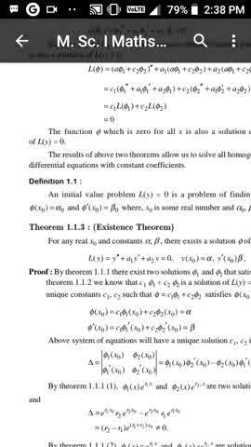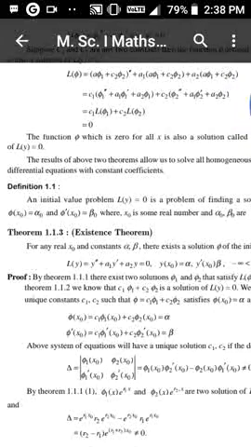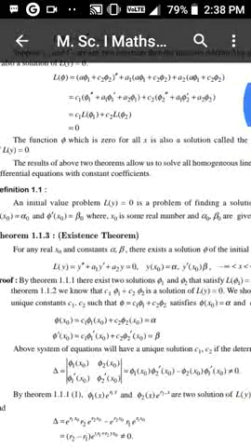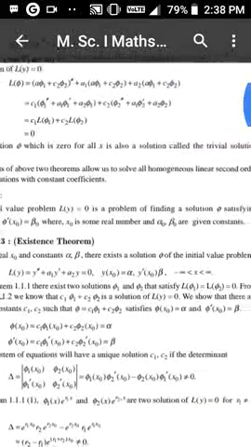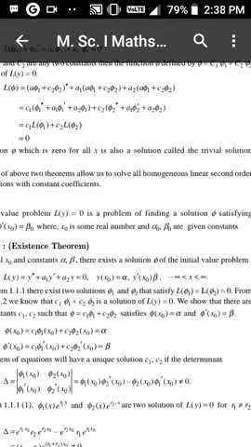By the first theorem, there exist two solutions phi1 and phi2 that satisfy L of phi1 is equal to L of phi2 is equal to 0.